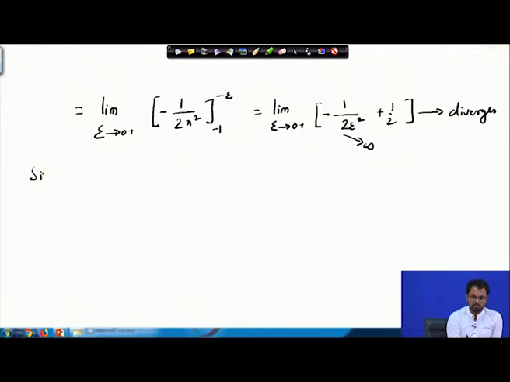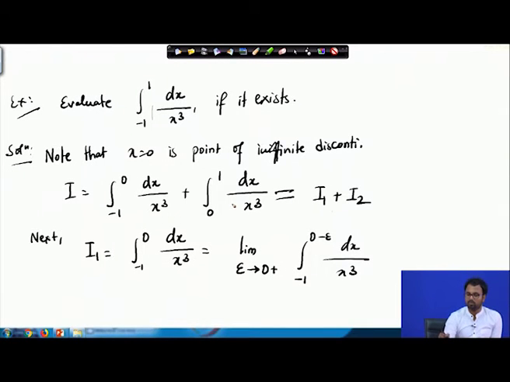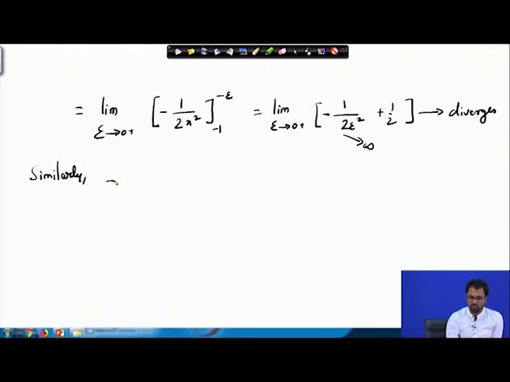Similarly, we can see that the integral I2, which is basically the integral from 0 to 1 dx by x cube, equals limit epsilon goes to 0 positive, with the lower limit 0 plus epsilon.